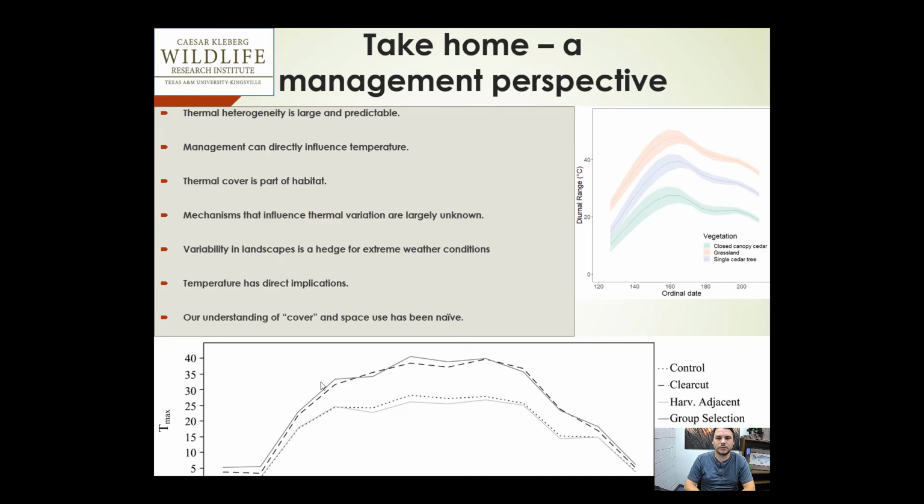And so really what I hope you take home from this is that if you're looking to manage for deer populations, not only just in Texas but throughout their distribution, that you think about how those management actions impact the thermal options in the thermal landscape for deer and organisms within your system.